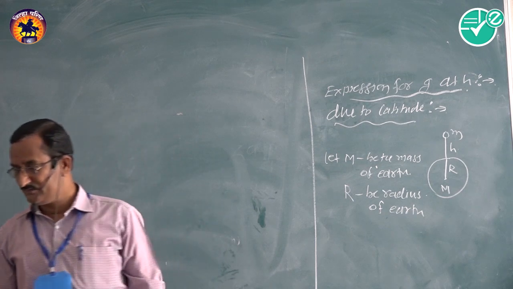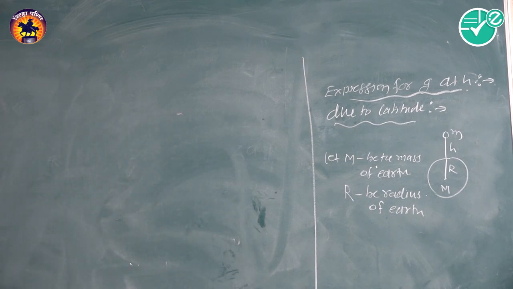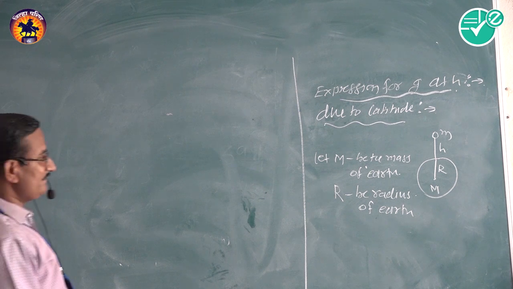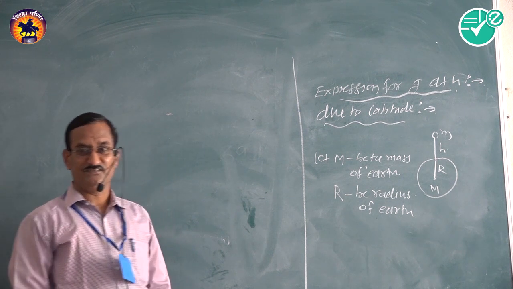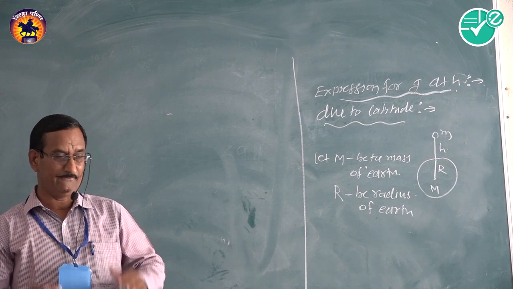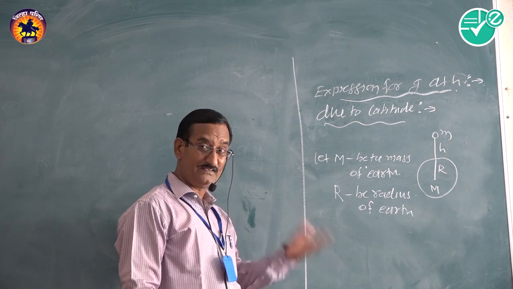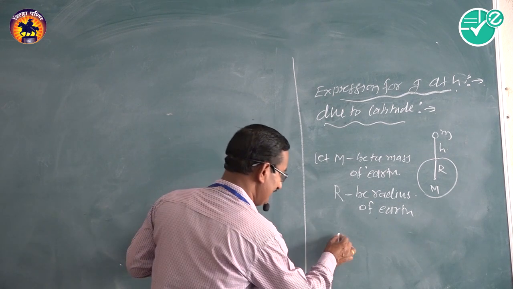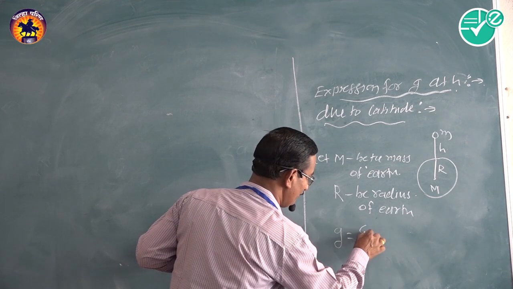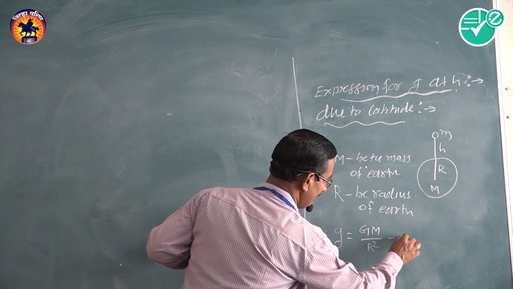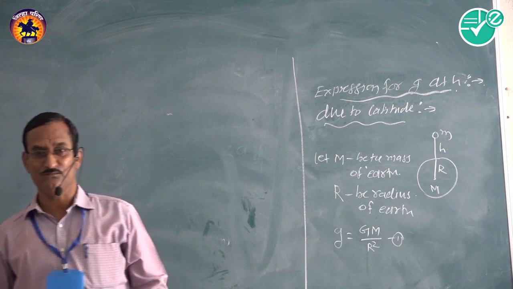We know that for a body on the surface of Earth, the acceleration due to gravity, that is g, is equal to capital G capital M by R square, that is equation 1.